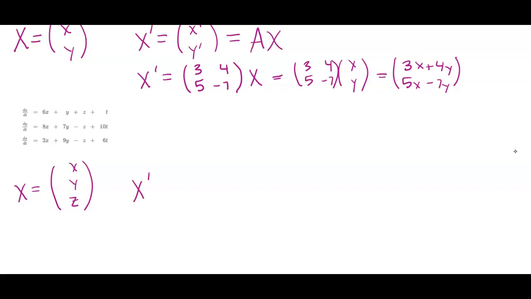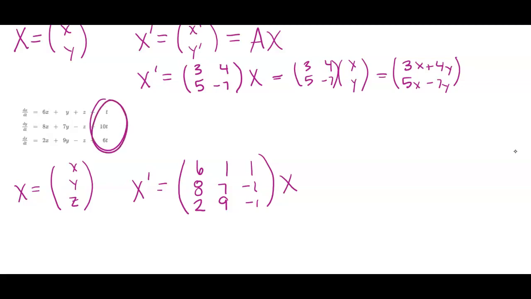And so I can just say X prime is then 6, 1, 1, 8, 7, negative 1, 2, 9, negative 1 times X. And then notice this is a non-homogeneous situation here. So plus t, 10t, 6t on the end.